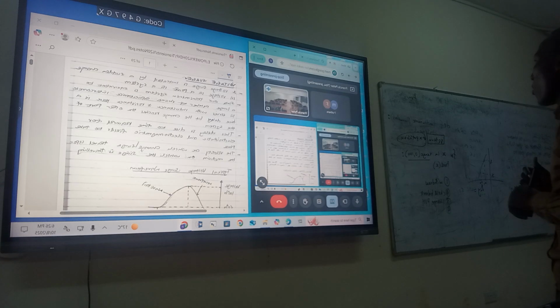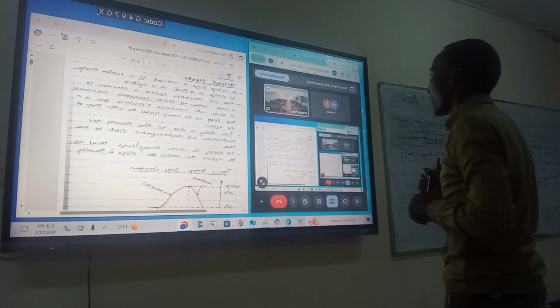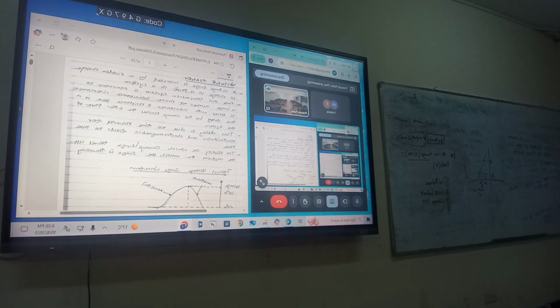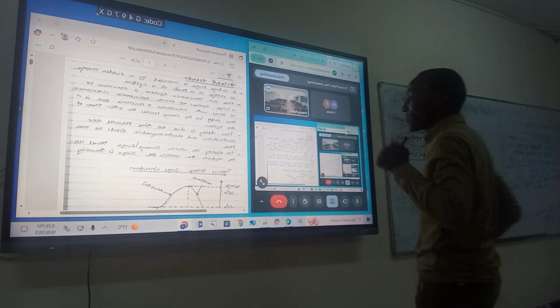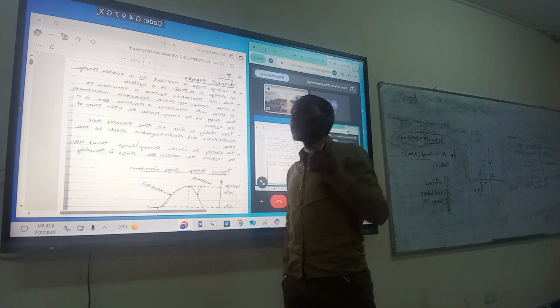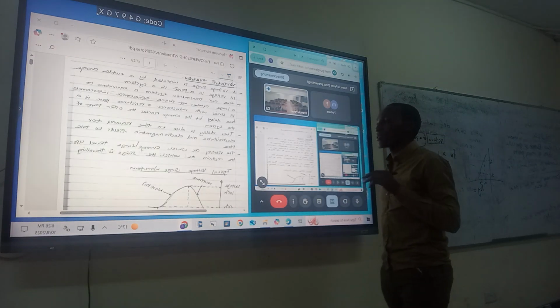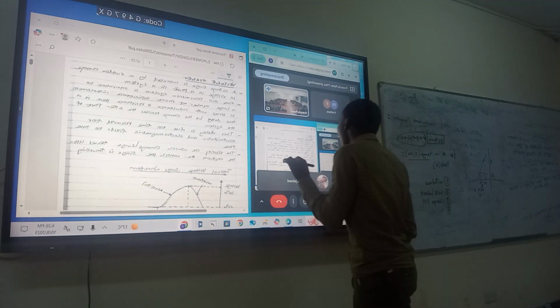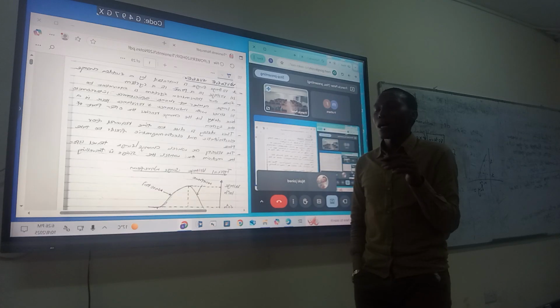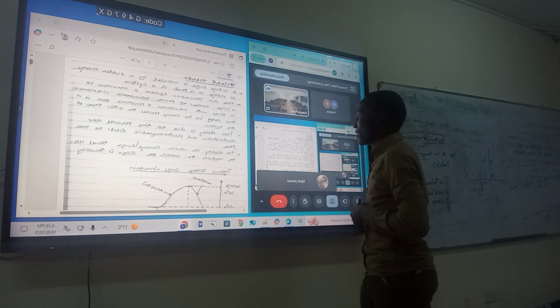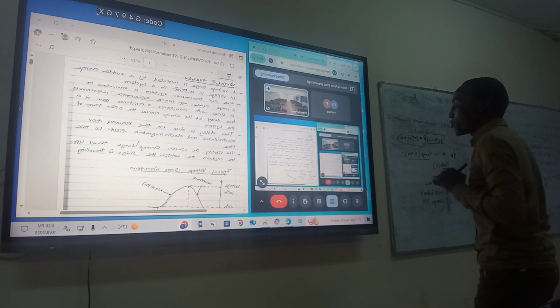One, the short transmission line, where the voltage goes up to around 20 kV and the distance is up to 50 kilometers.